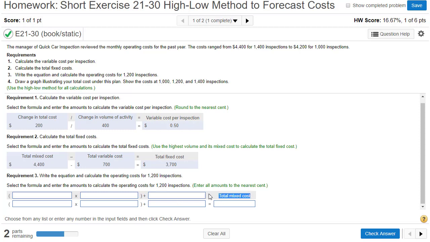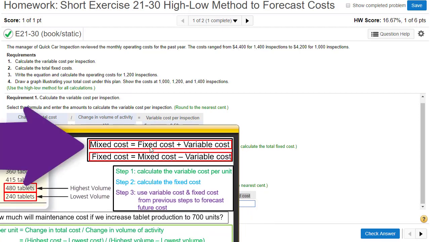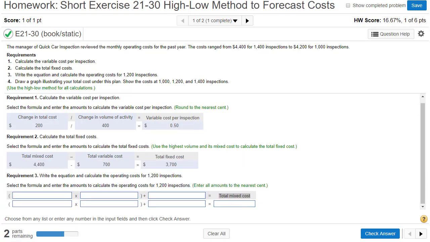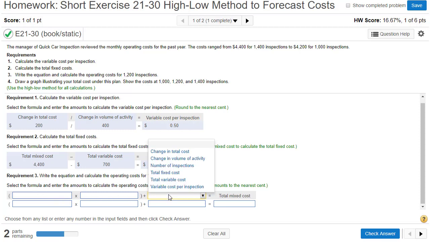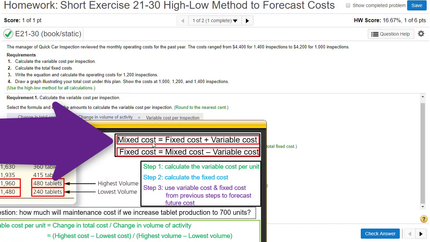So how do we calculate a mixed cost? Well, remember, a mixed cost has a fixed cost plus the variable cost. Notice right here it says plus, and then here we're multiplying. So this is our variable cost, and this is our fixed cost. Again, mixed cost equals a fixed cost plus a variable cost.